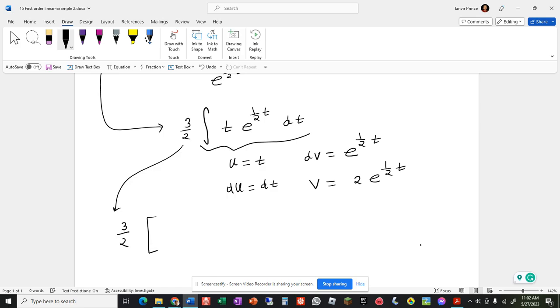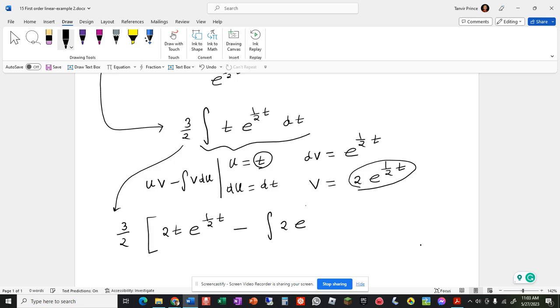The formula is uv minus integral of v du. So u is t and v is this. So let's multiply them. Minus integral of v du. My du is actually dt.